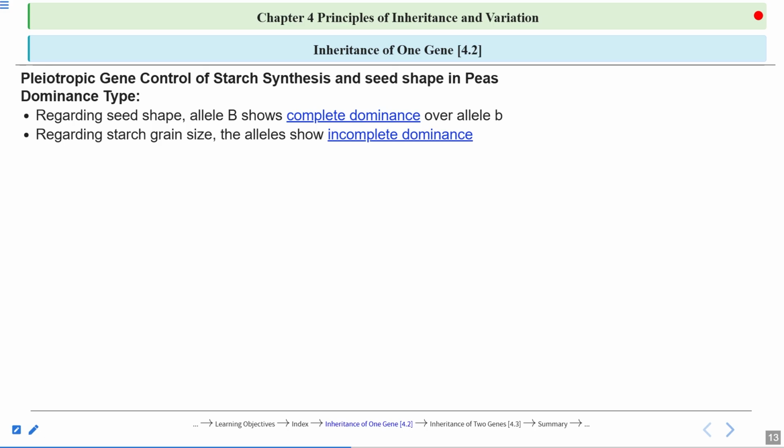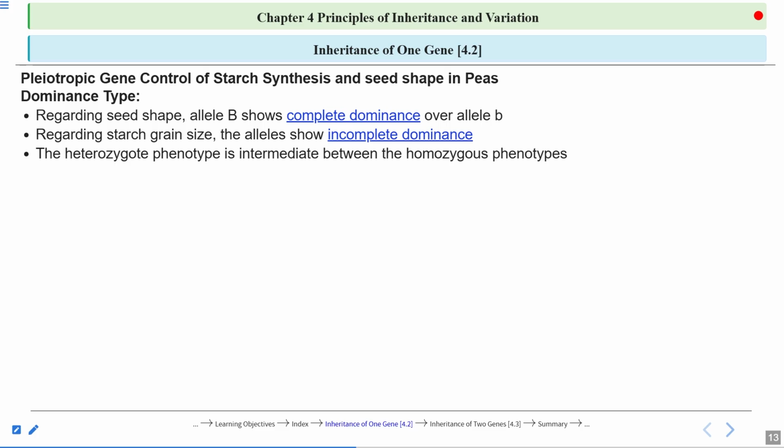So what conclusion do you make from this? How can you say any gene is dominant or recessive? You can see here the heterozygous phenotype is intermediate between the homozygous phenotypes.